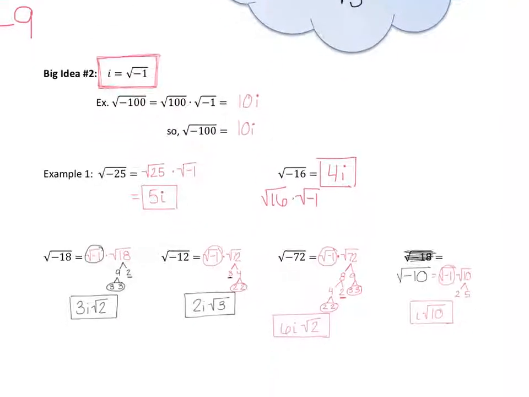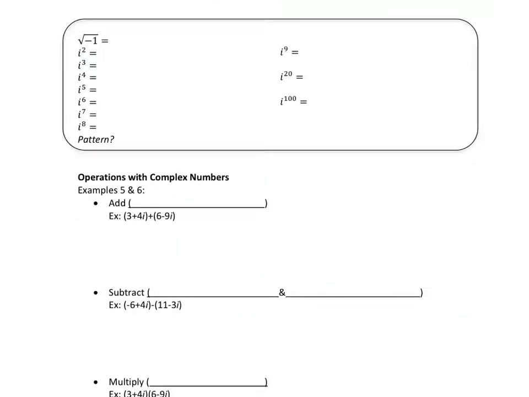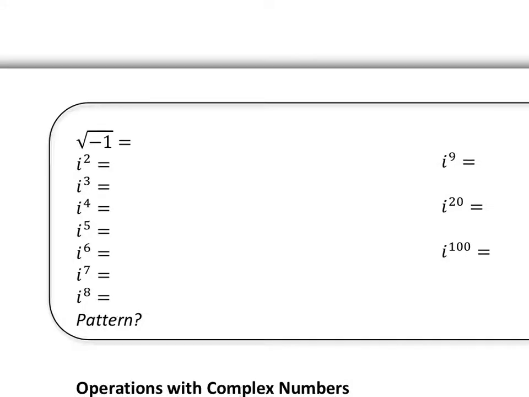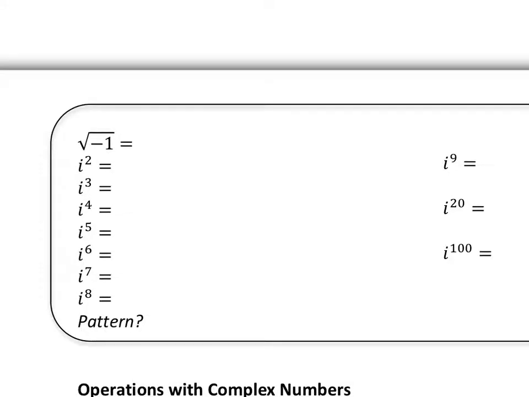Okay. We are just going to do this top portion today, and then we'll save the rest for tomorrow. So what did we say the square root of negative 1 is? i. Okay. That's i. Now, i squared is going to be, well, i is the square root of negative 1, and then we're supposed to square that.